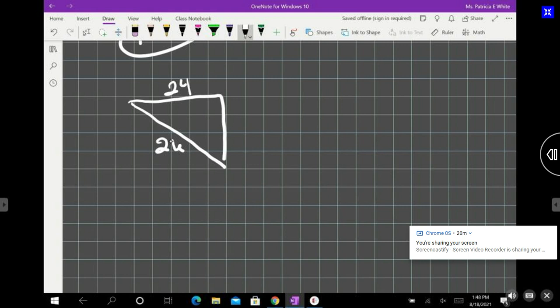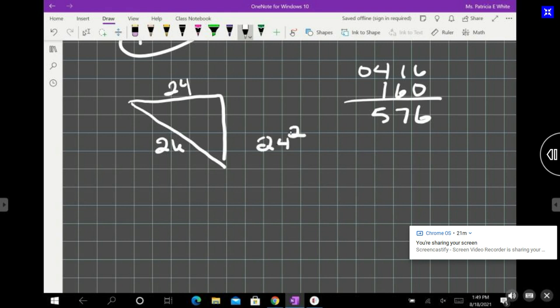What is 2 times 2? 4. 4 times 4? 16. 2 times 4, doubled up, 8, and I put a 0 on the end, right? 6, 7, 5. What is 24 squared?